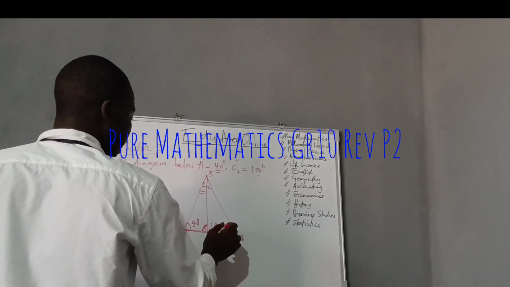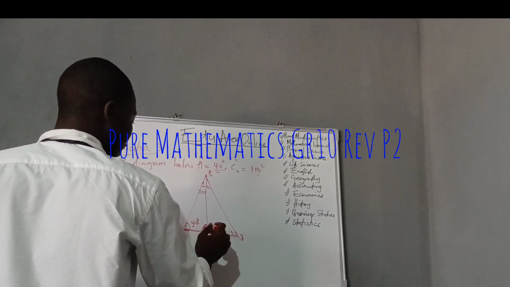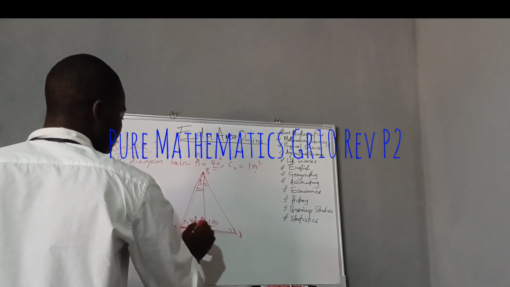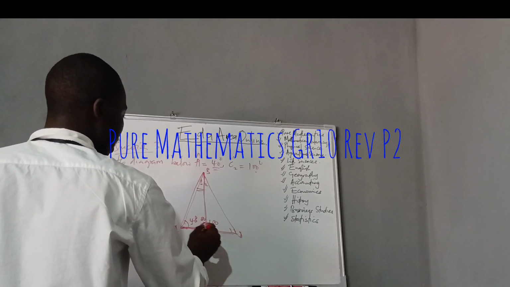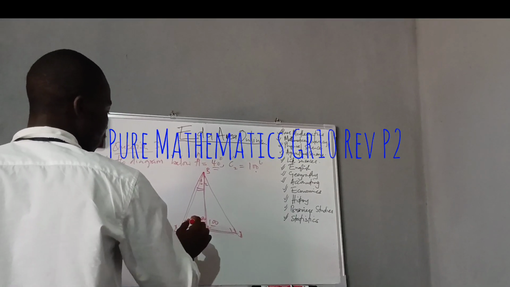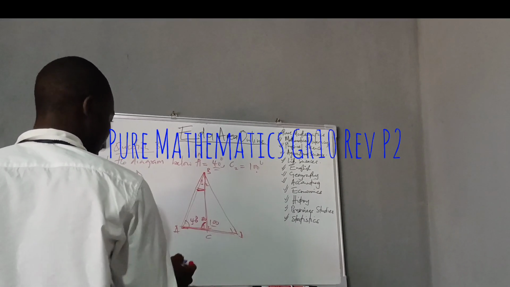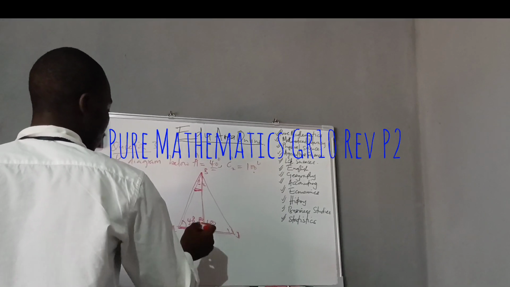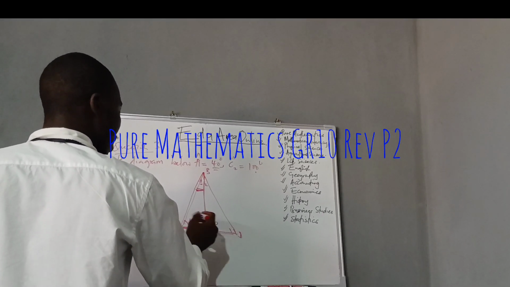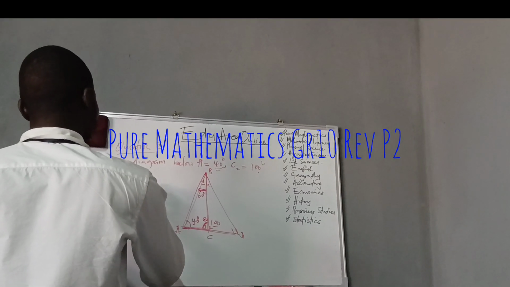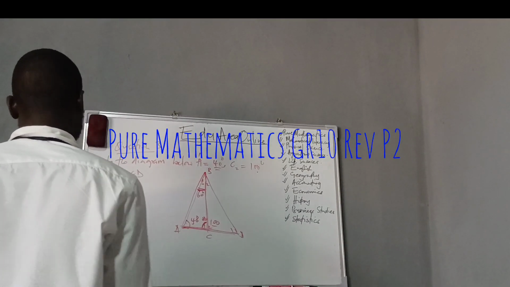So 180 minus 100 gives us this angle. That becomes 80 degrees. And properties of a triangle, we say angles in a triangle add up to 180 degrees. So 40 plus 80 is 120. 180 minus 120 becomes 60 degrees. So B cap 1 is 60 degrees.